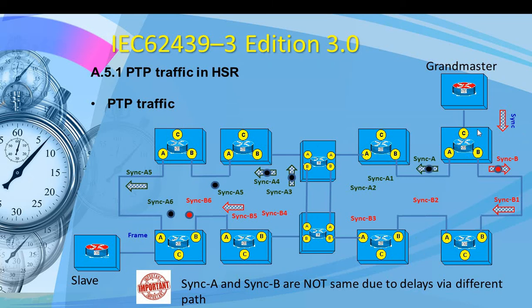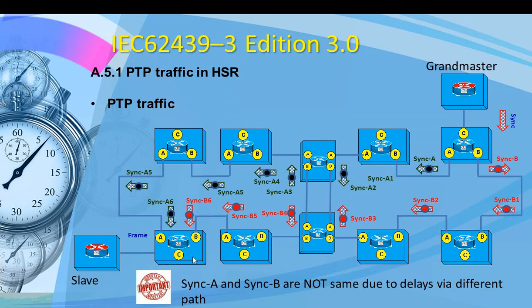The first RedBox, running as boundary clock or transparent clock, will forward the sync message in two different directions, direction A and direction B. All the sync messages go through the two different QuadBoxes to the second HSR ring.